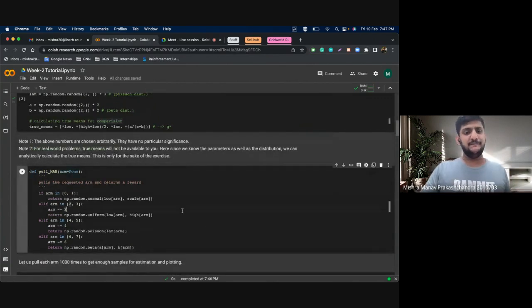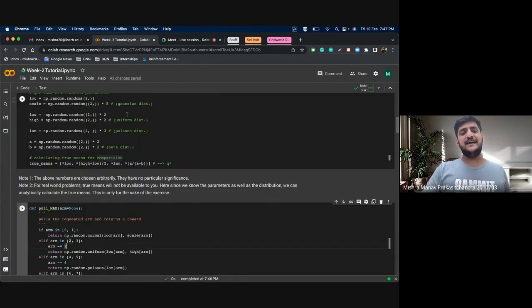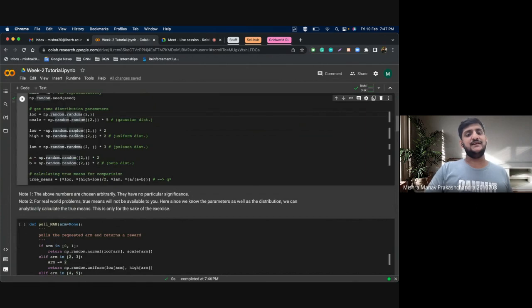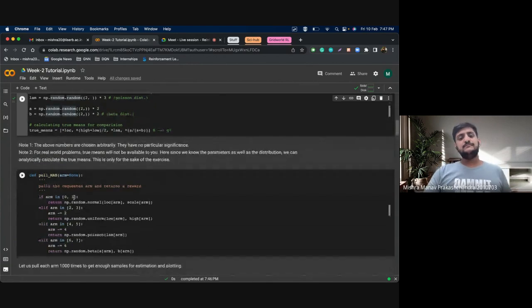So this is a function which is pull MAB. Whatever arm I give, so arm here is none, whatever arm I give, which is either arm 1, arm 2, or arm 3, it will return me the appropriate reward. Because I have 8 different distributions, this is 0, 1, this is 2, 3, 4, 5, 6, 7. That's how the indexing is done.